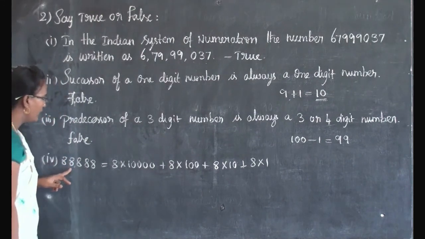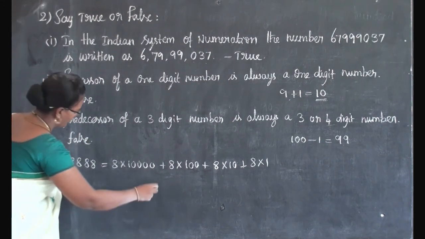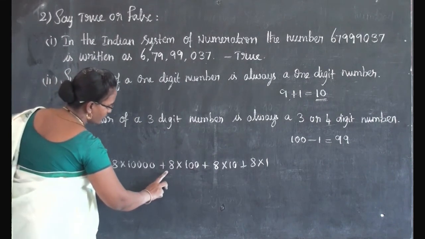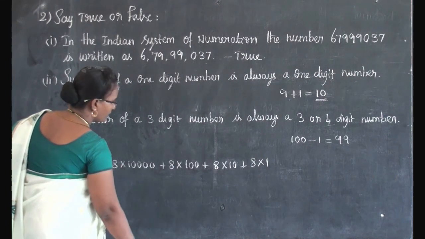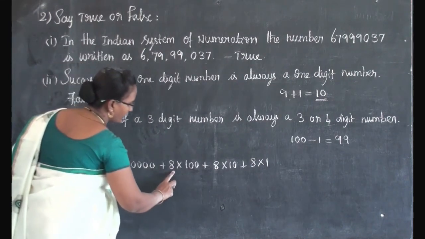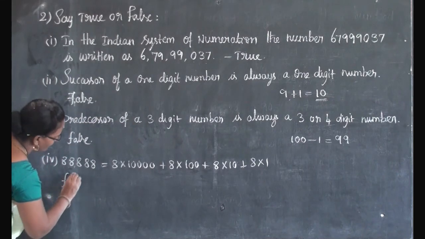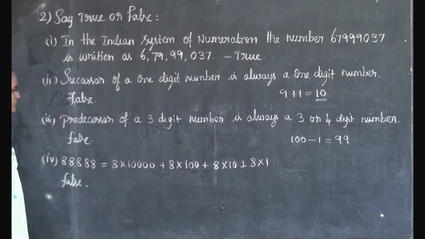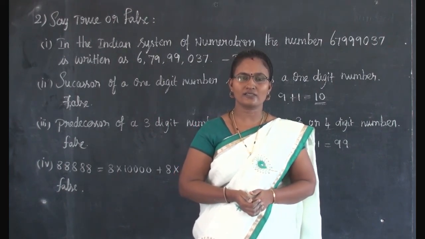And then the second digit 8 is in the 1000 place. So here 8 into 1000 will come, but they given 8 into 100. So that is a false statement.